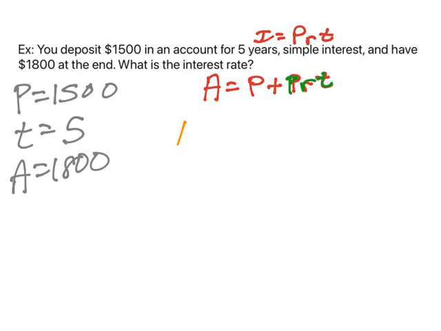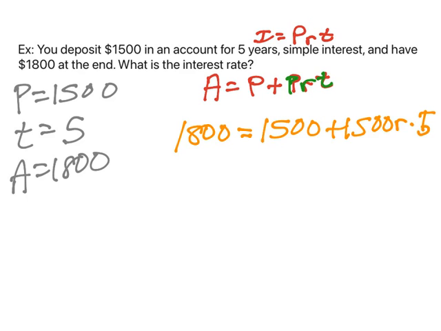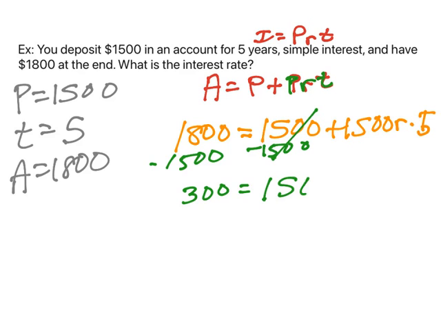Let's plug in what we know. 1,800 equals 1,500 plus 1,500 times R times 5. Okay. First things first, let's get this 1,500 out of here. So if I subtract 1,500, this will go away. I'm left with 300 equals 1,500 times R times 5.